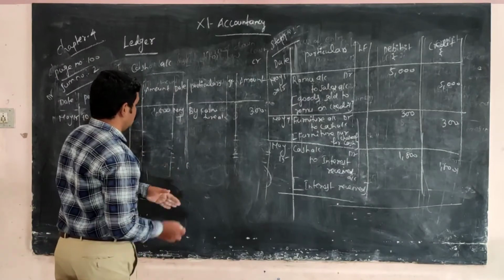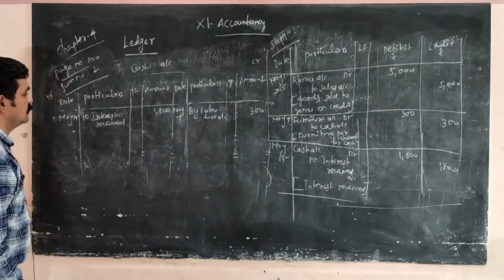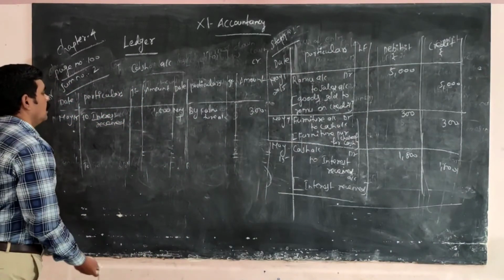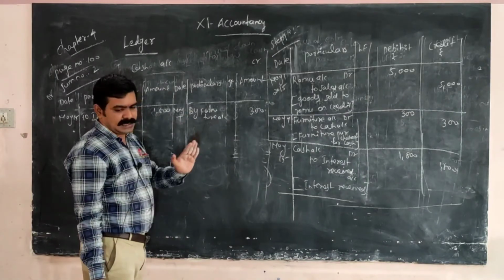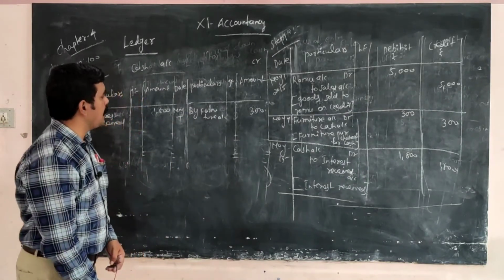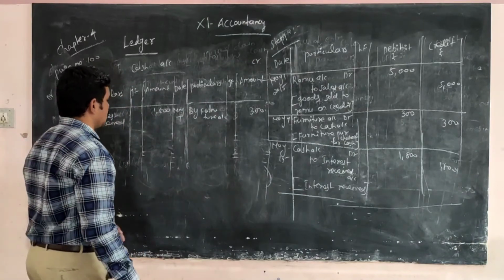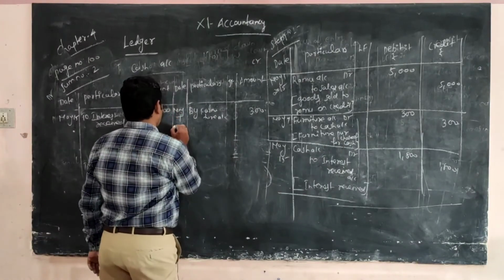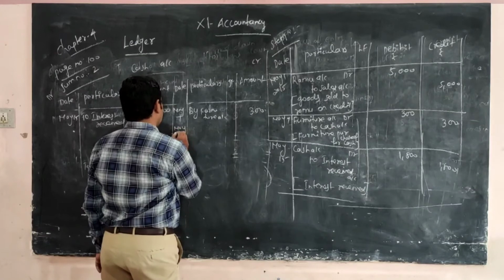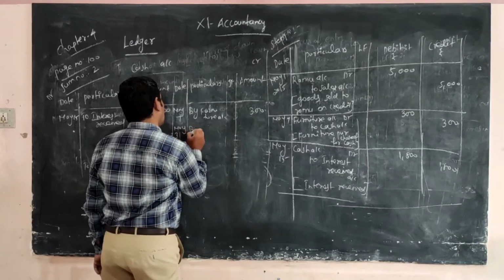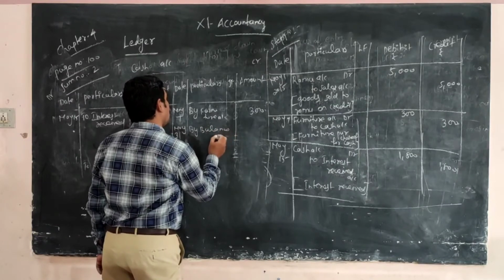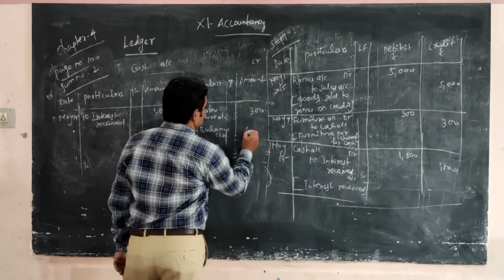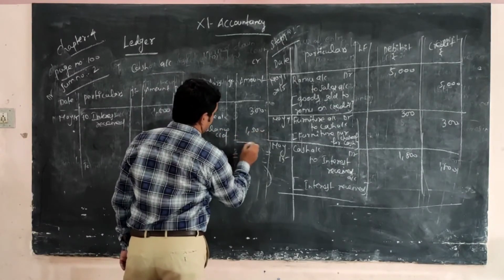Next, what is the balance amount? Here 1800, here 300. So 1500 is the balance amount. Okay, 1500 balance amount. So May 31 by balance, you have to mention the accounting term, by balance carried on 1500.